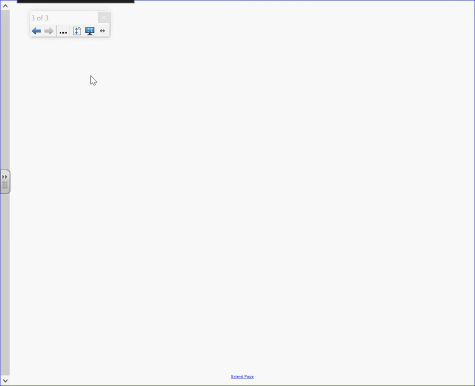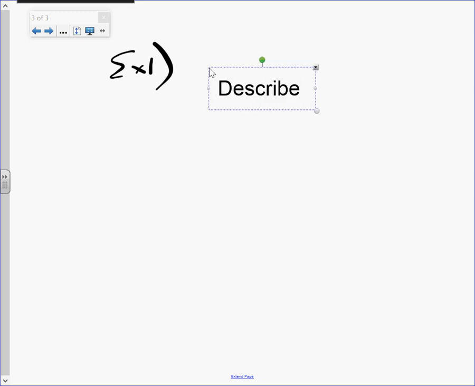Example 1 and we're done. Here we go. You guys are doing excellent. Describe the transformation. Just for today, because I can see some of you are out of it right now. Describe the transformation.